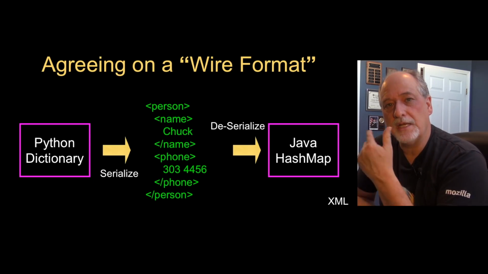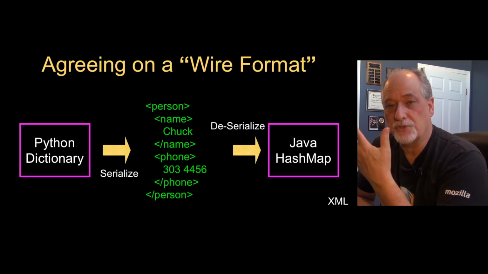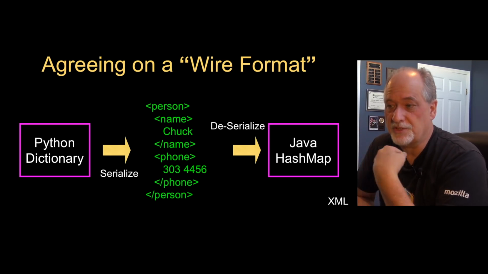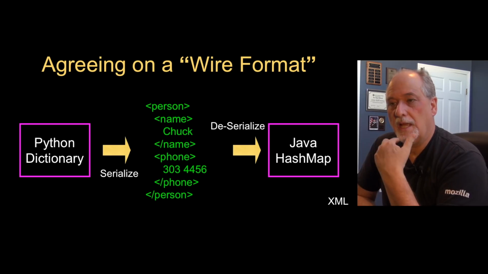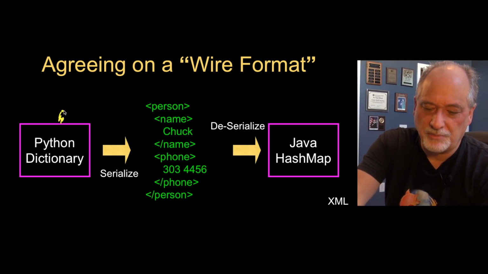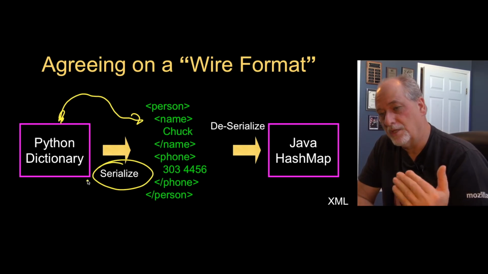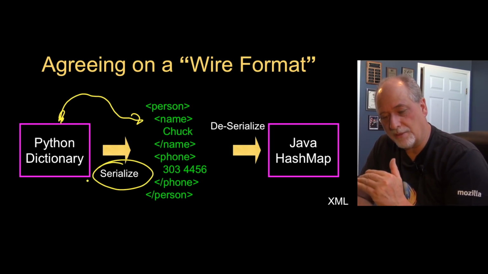And so the idea is that we have to agree on a format that is going to represent the data, and we can't make it a Python specific format or a Java format. And when we take the data from the internal representation, maybe a Python dictionary, to send it to the wire, we call that act serialization, and that is going from the internal representation to the serial representation or the wire representation.